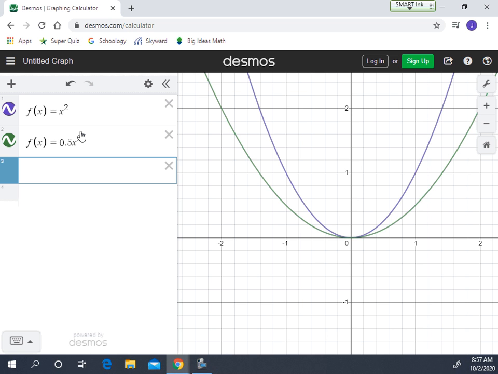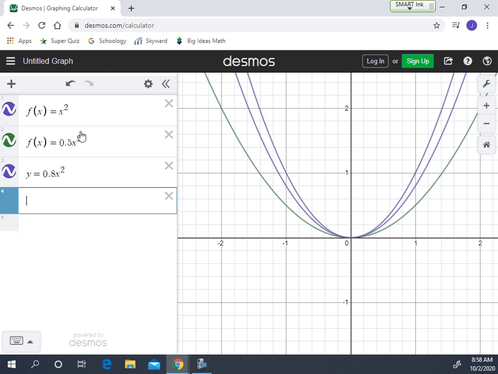Let's type in one more example, y equals 0.8x squared. It's still wider than our base graph because we're less than 1, but it's skinnier than 0.5 because we're bigger than 0.5.